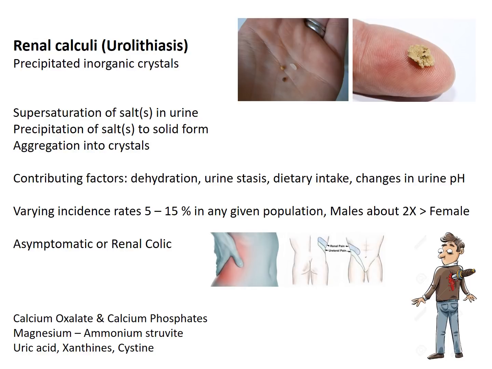Mostly the calcified stones, calcium oxalate and calcium phosphate, are the most common. And again, go up to the top of the slide and look at those different stones, because there's different types of salts and crystals that can precipitate. You get variance in terms of what these stones might look like. And that's all dependent on what's precipitating and accumulating.